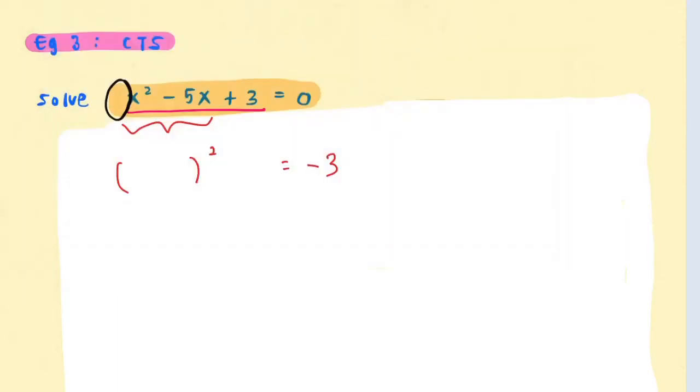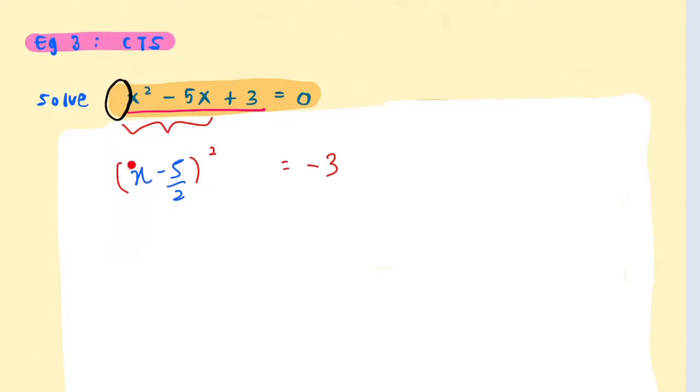So now let's focus here in these 2 terms here. Let's try to put it into completed square. So let's square root the first. So square root the first is x, and then what will happen with the second term here, we need to divide it by 2. So let's divide it by 2, minus 5 over 2.